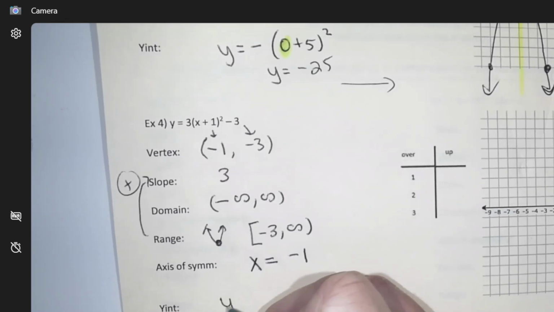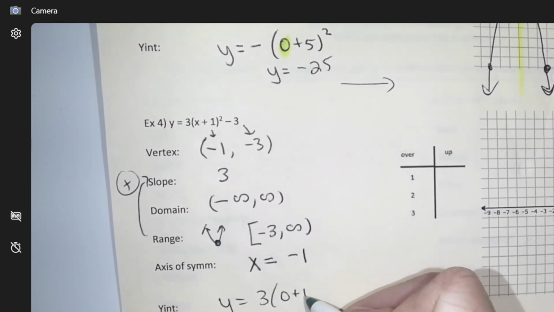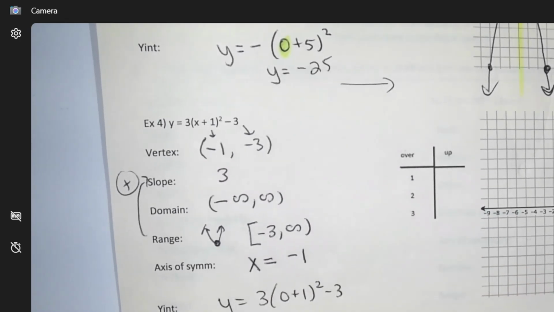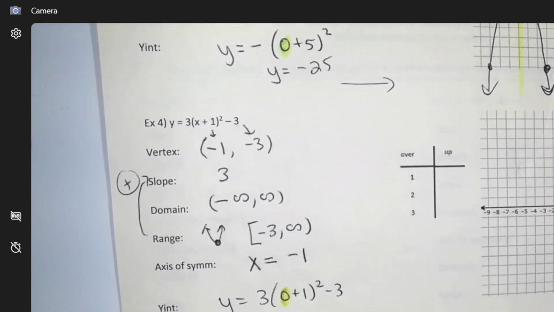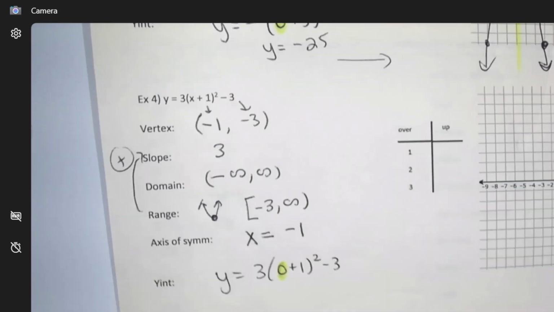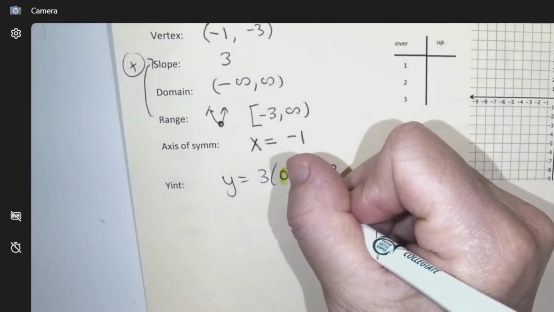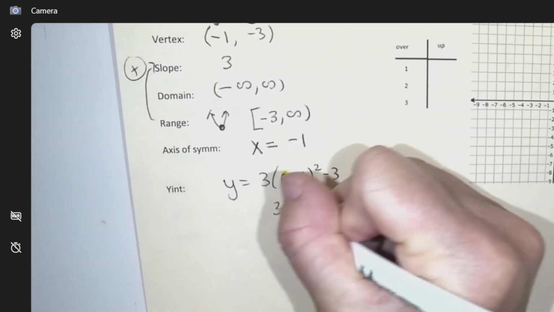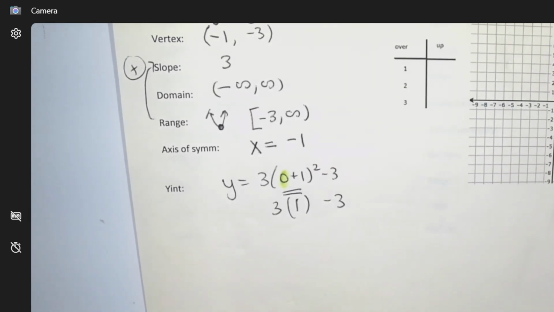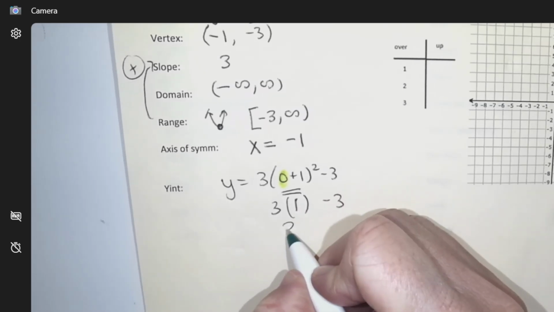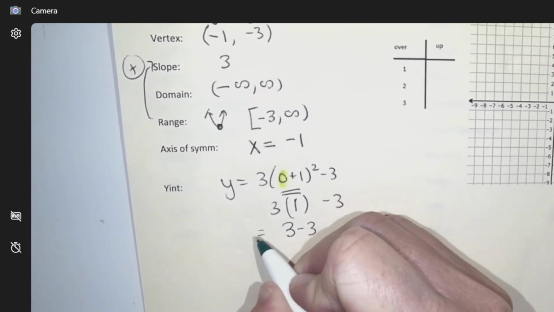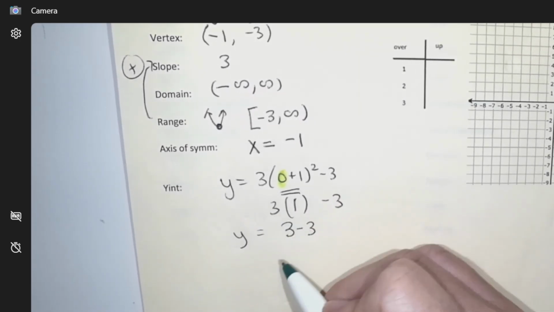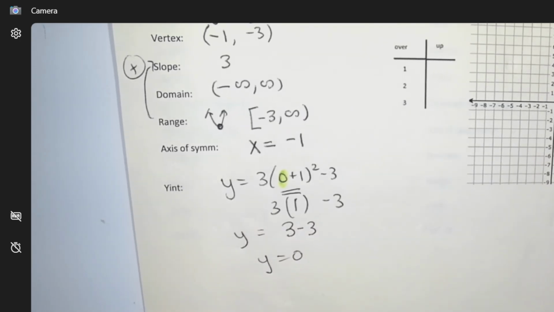And then the y-intercept, okay, so math, I'm going to go 1 squared is just 1 times 3 so I'm getting 0.